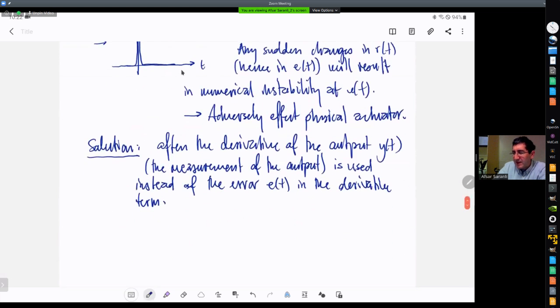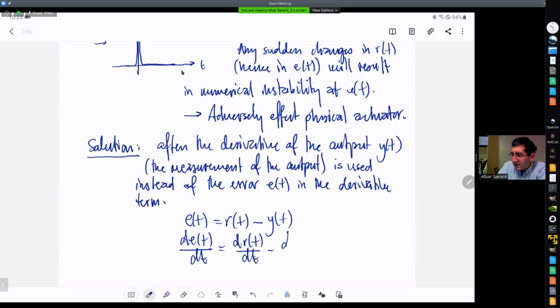Remember, we have discussed the fact that E of t is equal to R of t minus Y of t, and dE of t over dt is equal to dr of t over dt minus dy of t over dt.